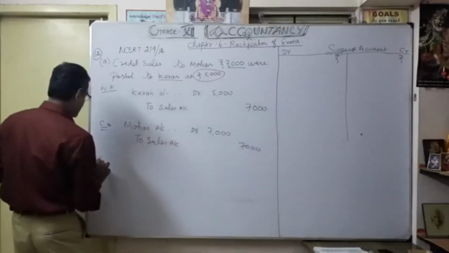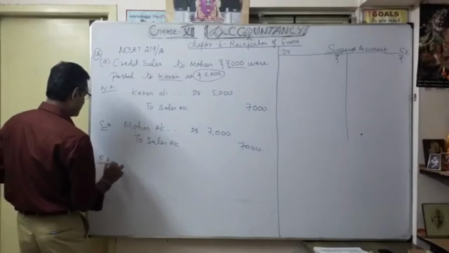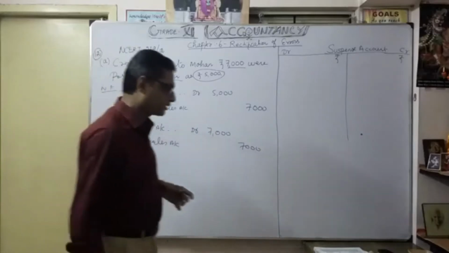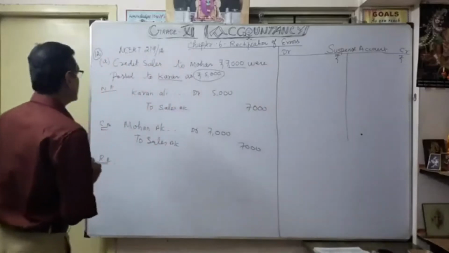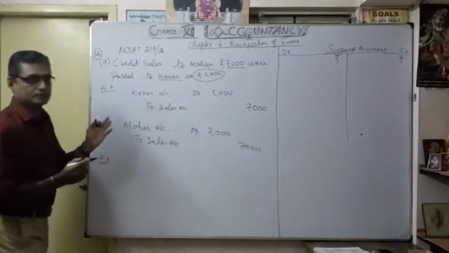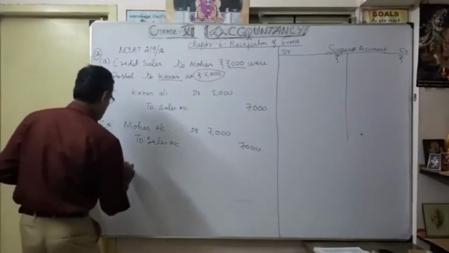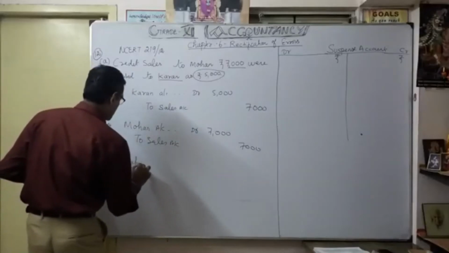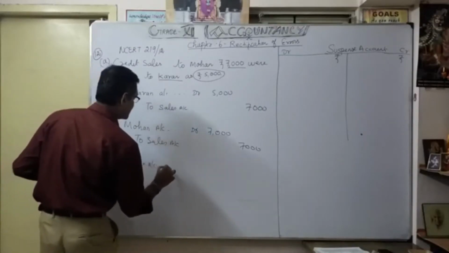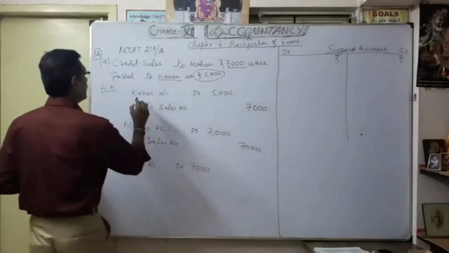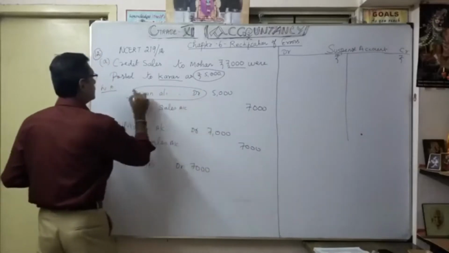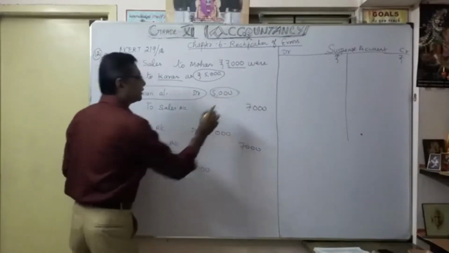Now what is the rectification entry? That is very, very important. We did it wrongly. Morgan anyway is correct, we want to write it. Morgan account is supposed to be debited 7,000. We wrongly debited the current account, so you want to remove that.